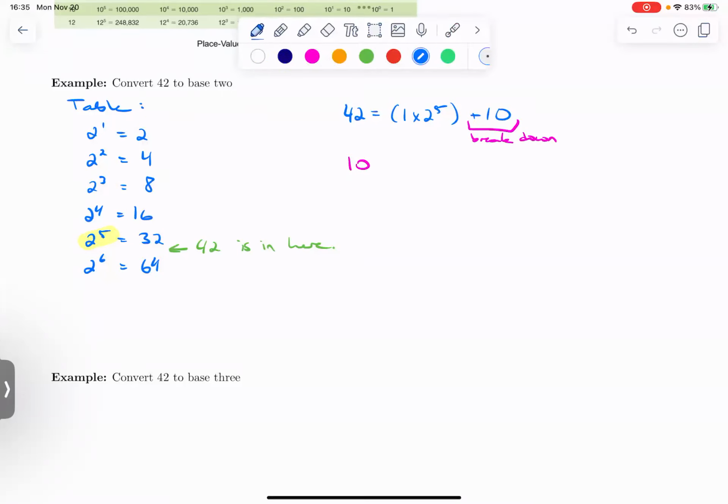And so it's going to be 0 times 2 to the power of 4, because I can't take a 16 out of 10, but I can get 1 times 2 to the power of 3 out of it. But then I'm still left with 2, so then I have 2 is 0 times 2 to the power of 2.